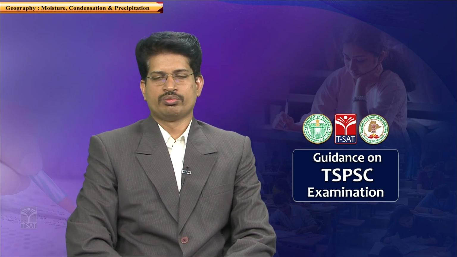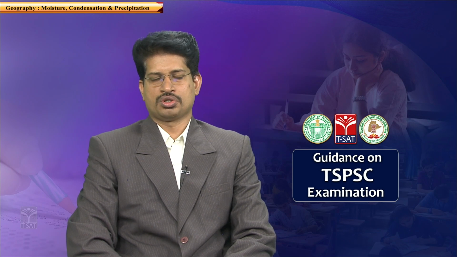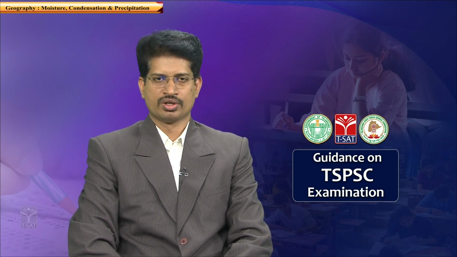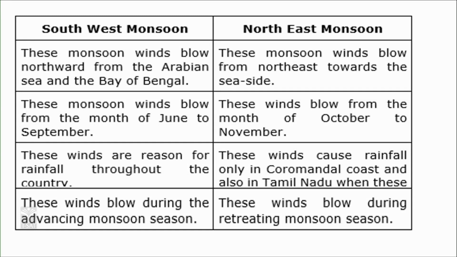So, you may have a question based upon the differences between southwest monsoons and northeast monsoons. The southwest monsoons blow from the southwest direction towards the northern part of India from the Arabian Sea and Bay of Bengal.